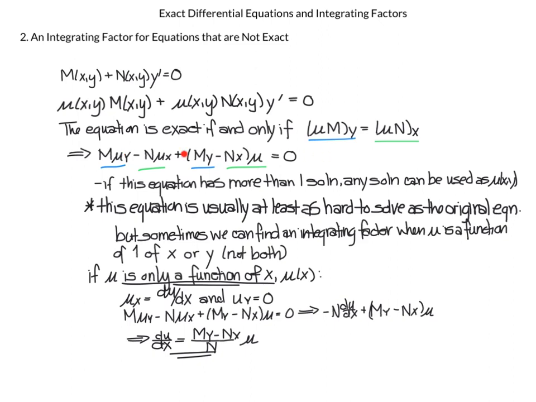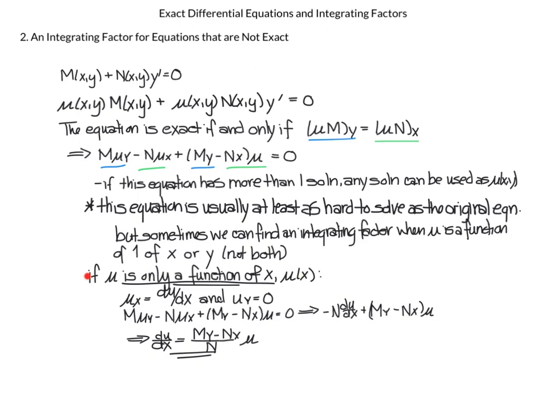And now that we've done all this work to get this equation, we have this comment that this equation we just figured out is usually at least as hard to solve as the original equation. But it is the case that if we have an integrating factor that is only a function of x or y, not both, then sometimes we can solve this. And one other comment before I go on. If this equation has more than one solution, any solution can be used as the integrating factor.